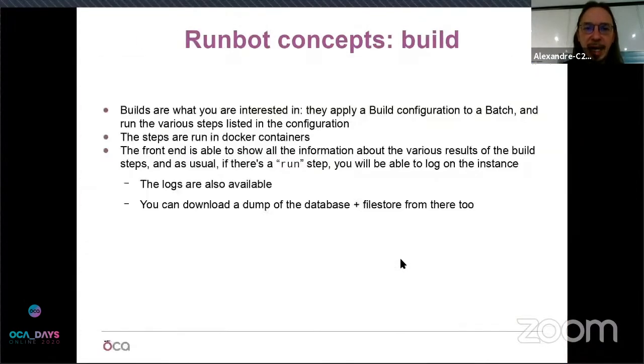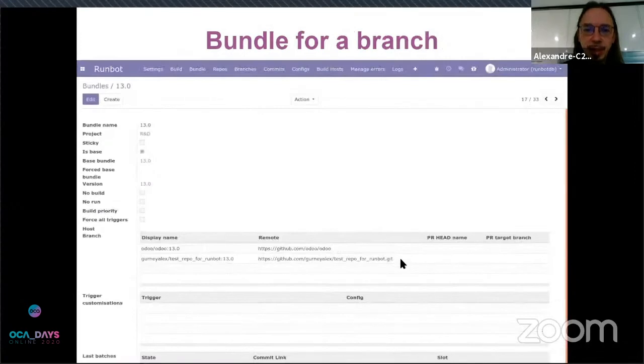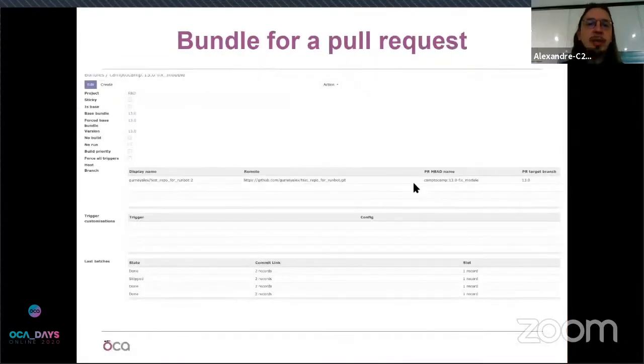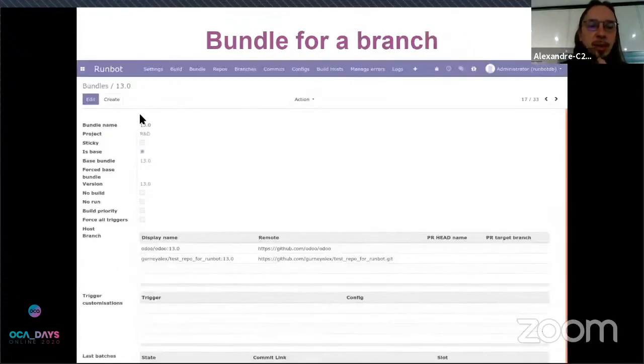Whereas a bundle for a pull request, this one is called, it's unreadable here, 13.0 fix module. And the base bundle is the 13.0 bundle we've seen here.